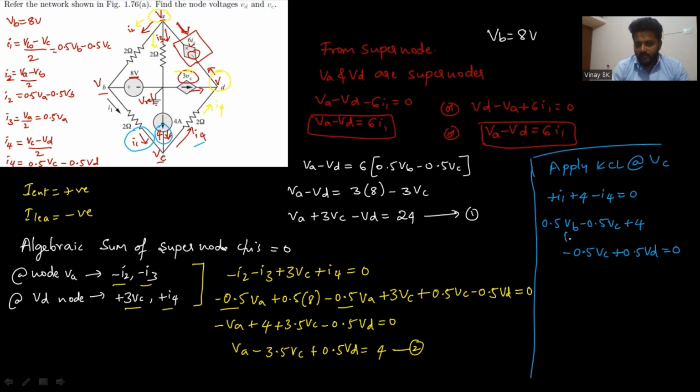VB is nothing but 8, you already know, so 8 into 0.5 is 4, minus 0.5 VC, 0.5 VC nothing but minus VC, plus 0.5 VD plus 4 equals 0. So you can get VC minus 0.5 VD equals 8. This is equation number 3.